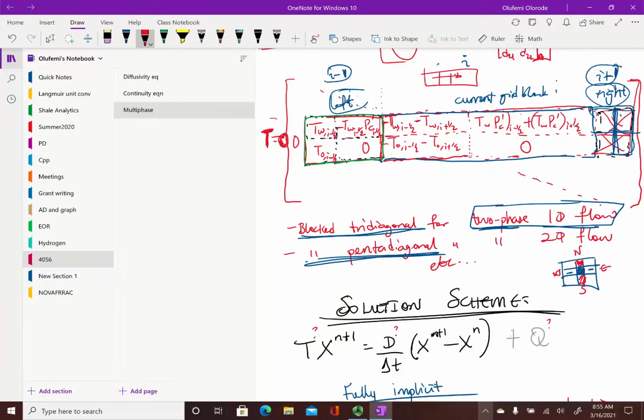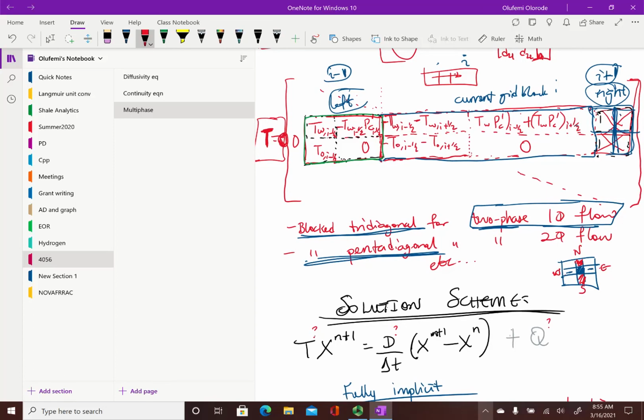Contribution somewhere here, there will be another contribution to the right of these in the matrix. And we will have indices I plus 1, J plus 1 for the grid block to the right and yeah. Actually, you can have something on the diagonal.